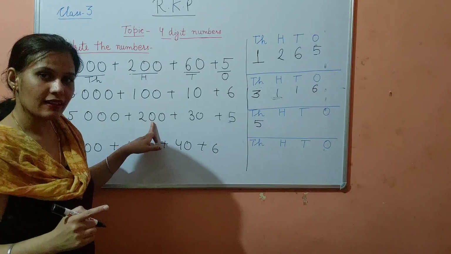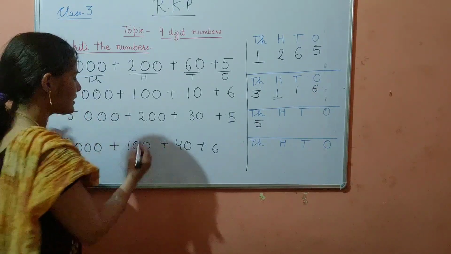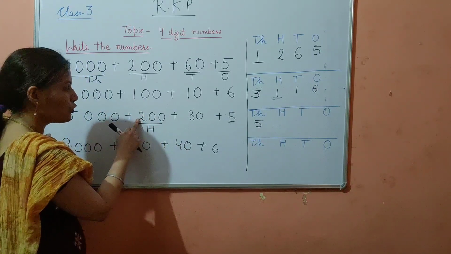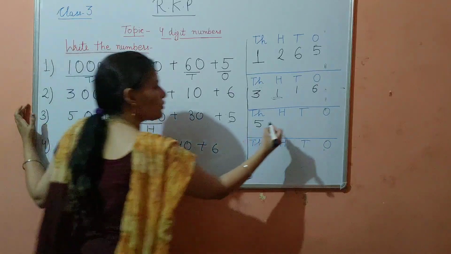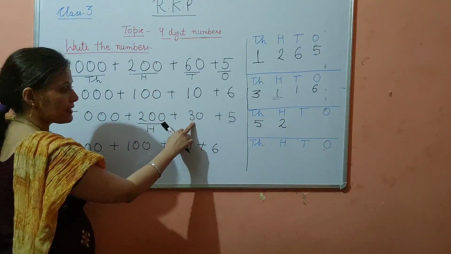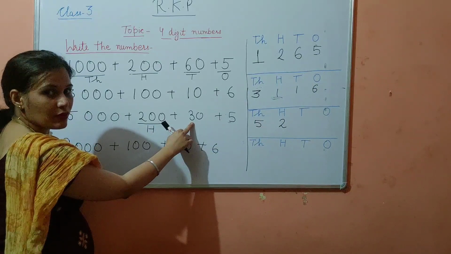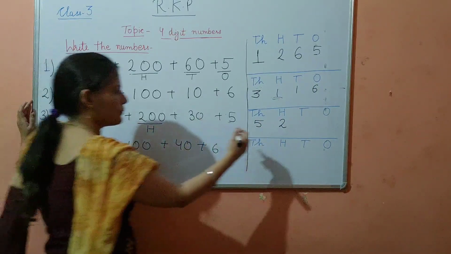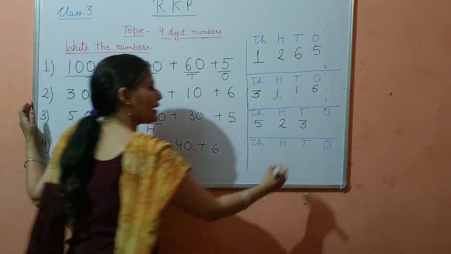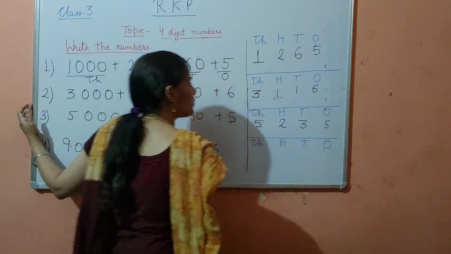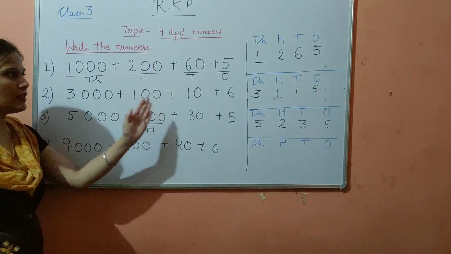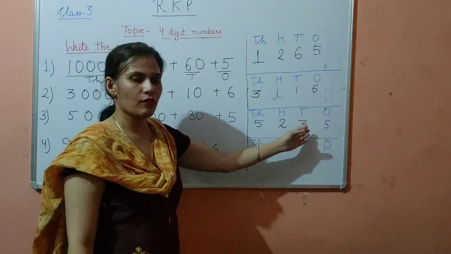This is the 200, and this is the 100 place, and what digit comes here? 2 will come on the 100 place. At tens place what digit will come? 3. And at ones place what digit will come? 5. So you can easily write with the help of these numbers in the place value chart.